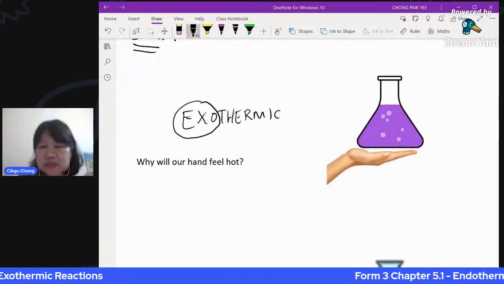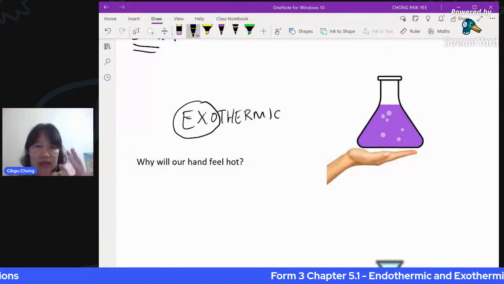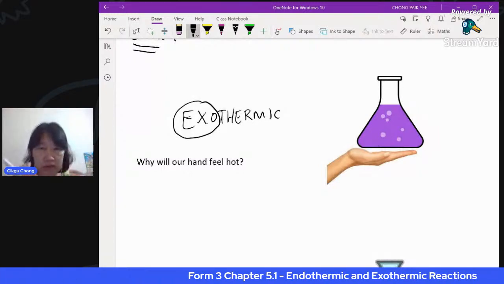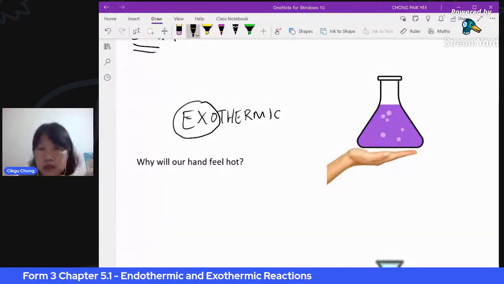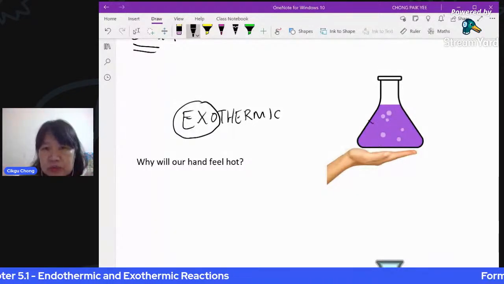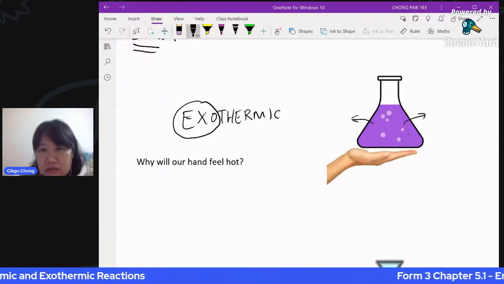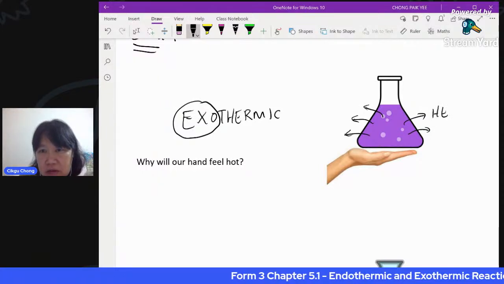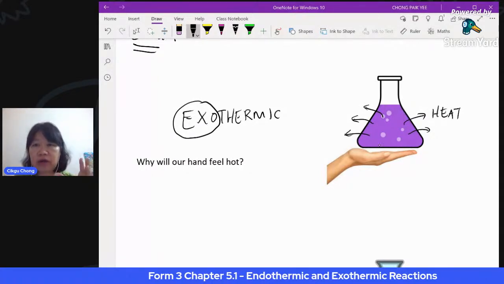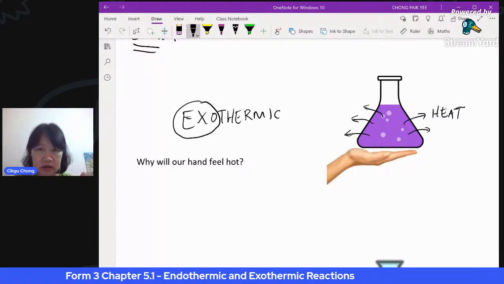The reason is that after mixing A and B together, the two chemical substances mixed already, it's going to produce more heat. So this heat is going to be released. It's going to release the heat out. And if your hand is touching it, the heat will come to your hand.